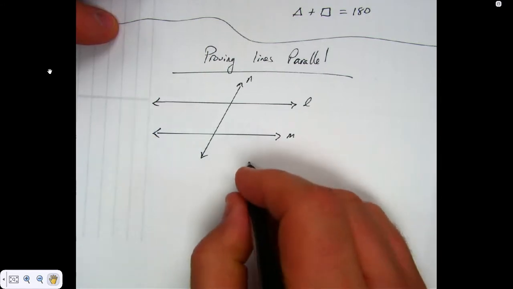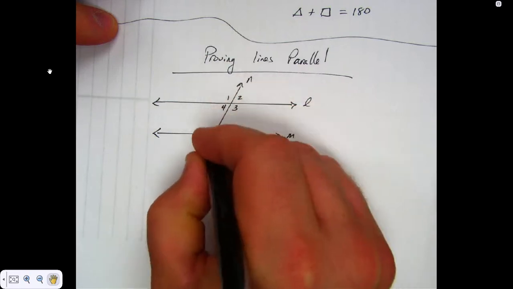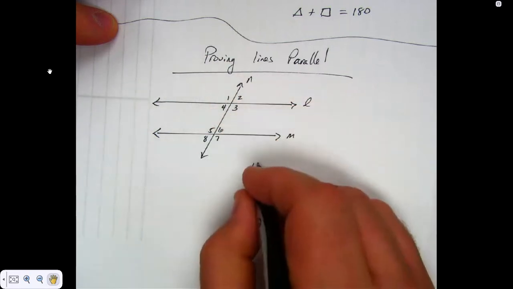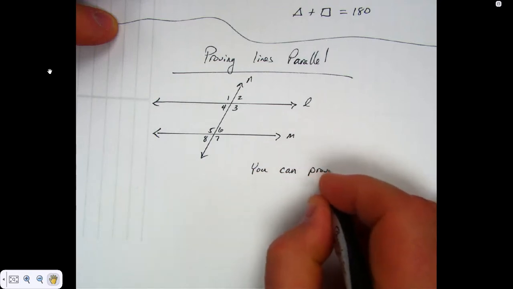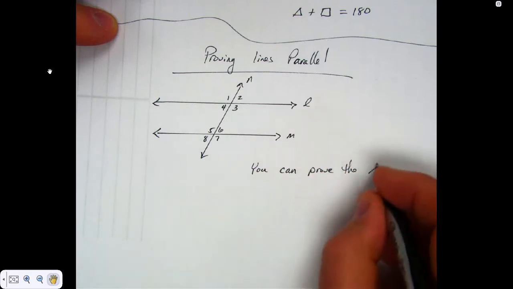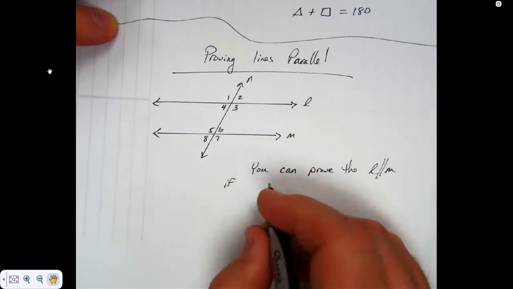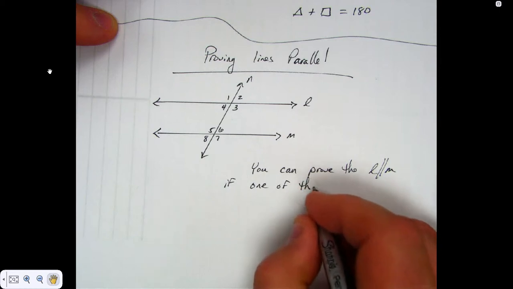I'm going to make you guys a list here, and let's label this angle 1, angle 2, angle 3, angle 4, angle 5, angle 6, angle 7, angle 8. You can prove that L is parallel to M if one of the following happen.